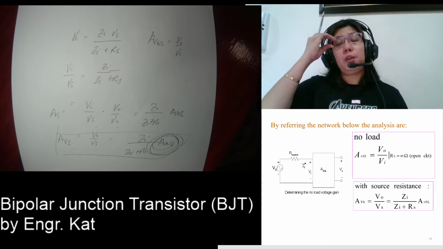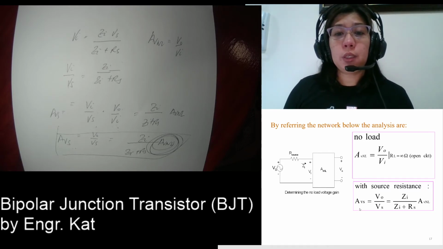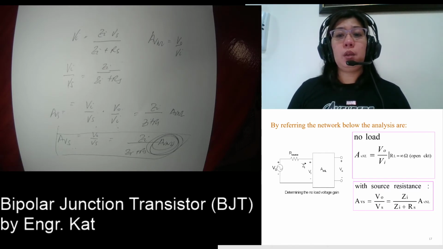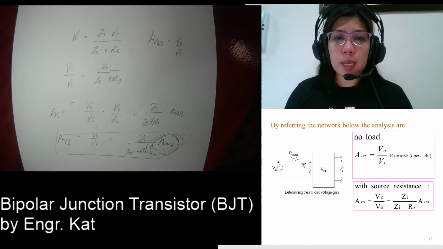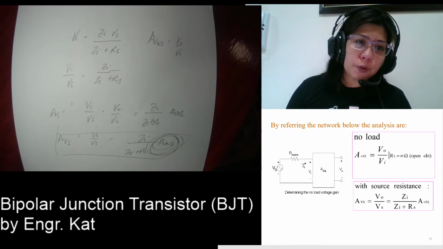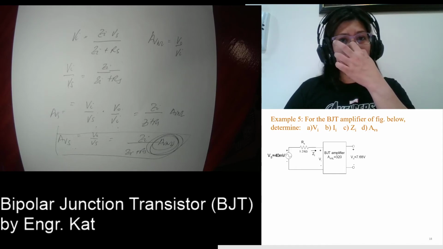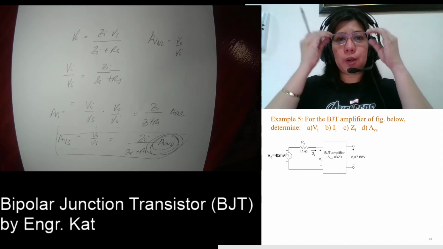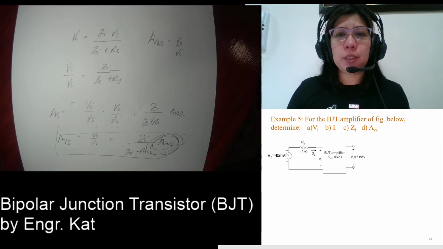Okay, so you have here the no load voltage gain, and the voltage gain when you have a source resistance. So AV is VO over VI, and AVS is VO over VS. So for the BJT amplifier of the figure, let us determine VI and the input impedance ZI.